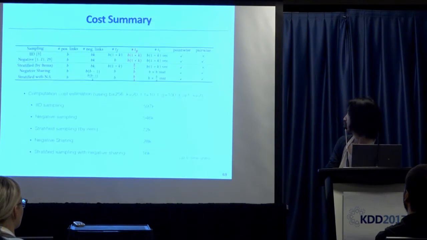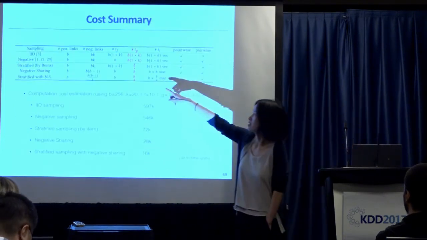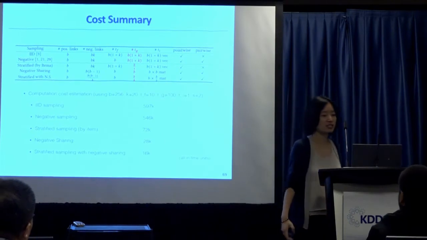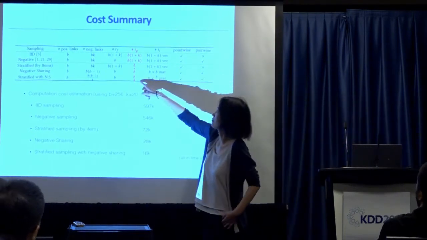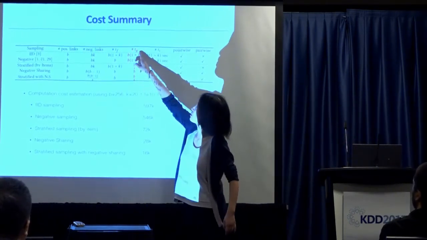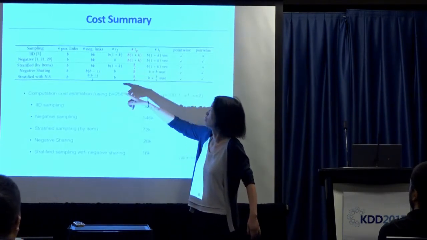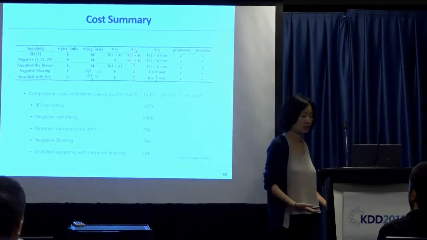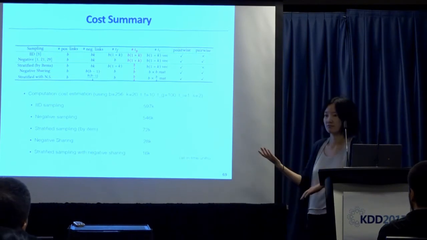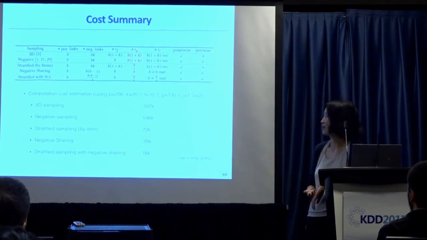So in summary, for different sampling strategies, this is the number of items we have. Compared to the traditional one, this is our number of items in this new sampling strategy. You can see easily you can have a very big speed up.